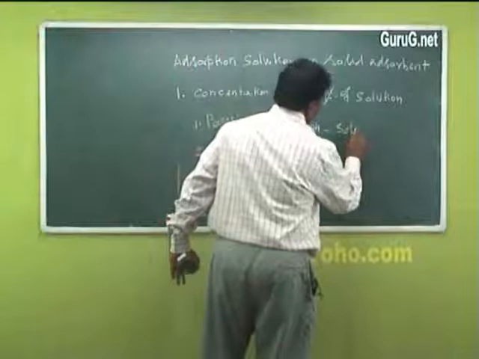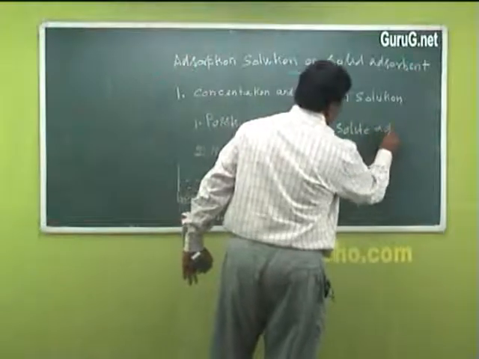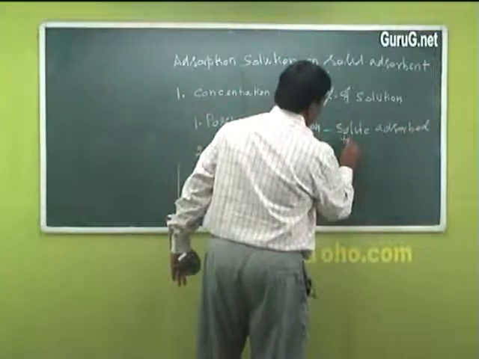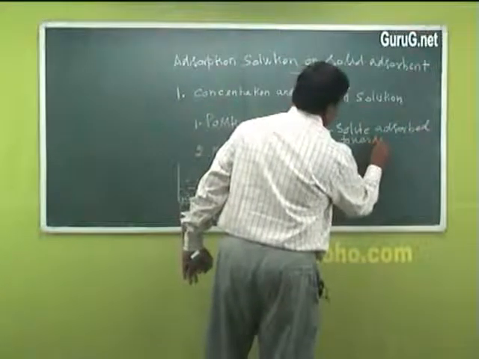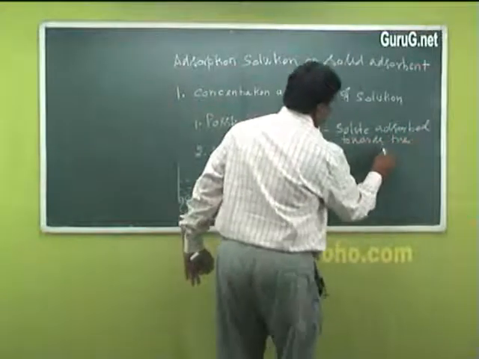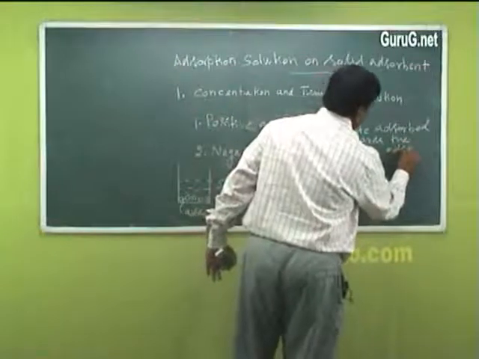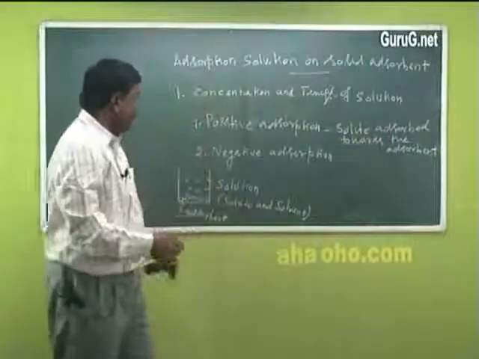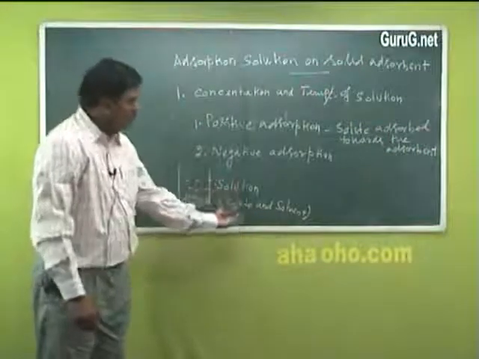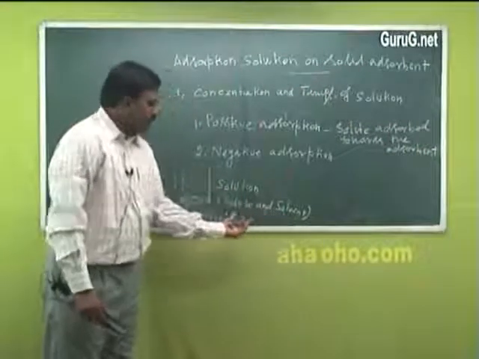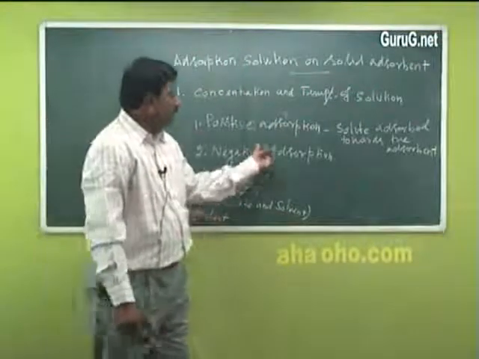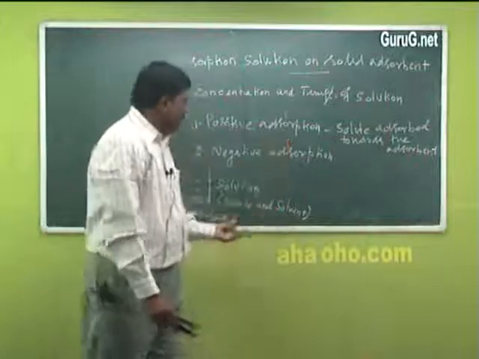Positive adsorption is nothing but solute adsorbed towards the adsorbent. So this is positive adsorption. The solution having two components, solute and solvent. Solute adsorbed towards the adsorbent is positive adsorption.